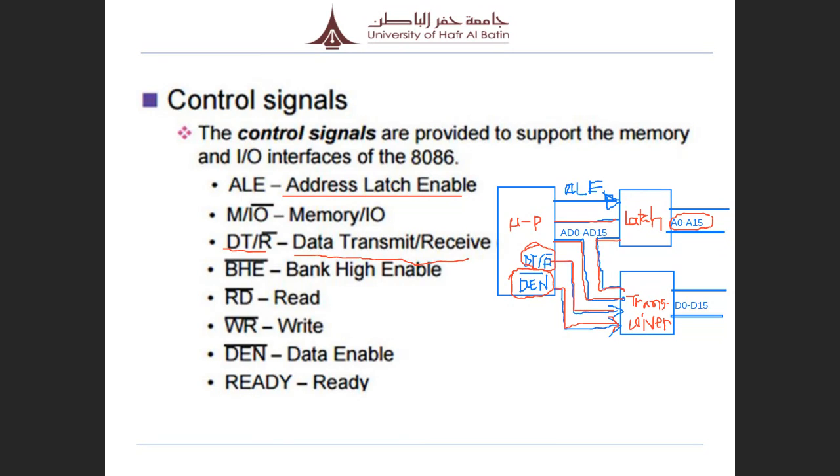It controls the direction of the data, because for the data bus, in read and write operations, data can go outside from the microprocessor, or data can come to the microprocessor. If data is coming to the microprocessor, this signal is low. If data is moving from the microprocessor, this signal is high.